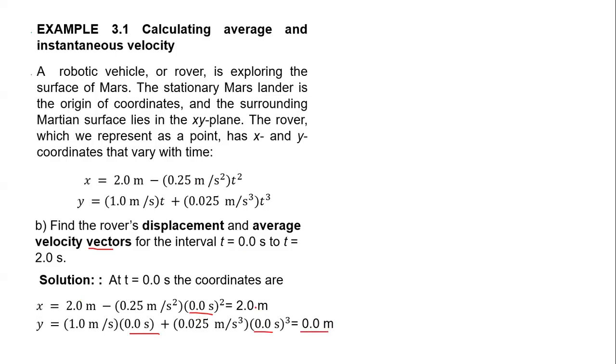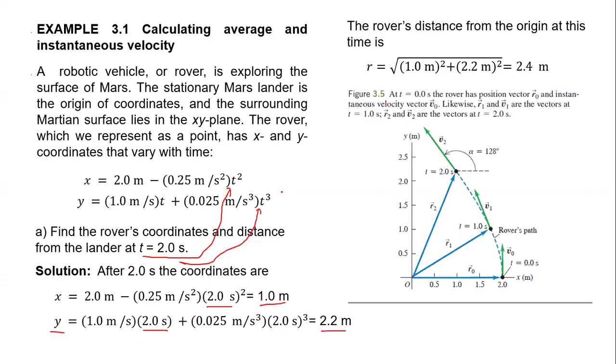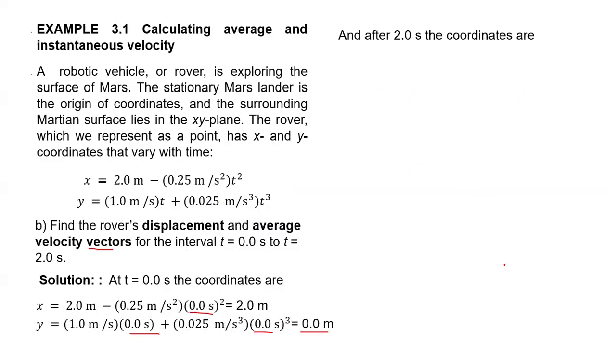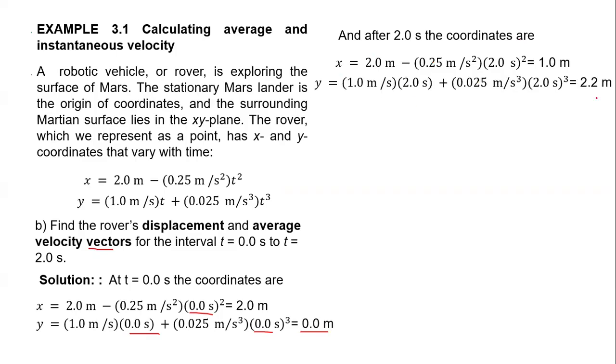If you look at the graph that we did, this is the position of the vehicle at t equal to 0. And after 2 seconds, the coordinates are, as we already calculated, 1 meter and 2.2 meters. So this is for problem number 1.